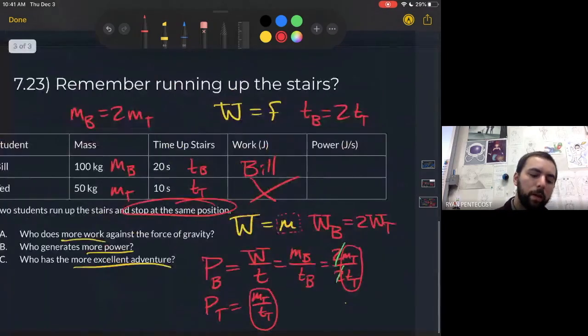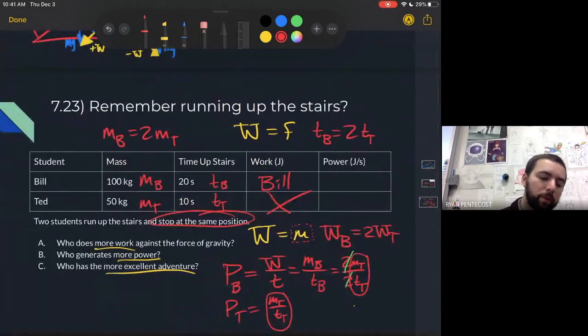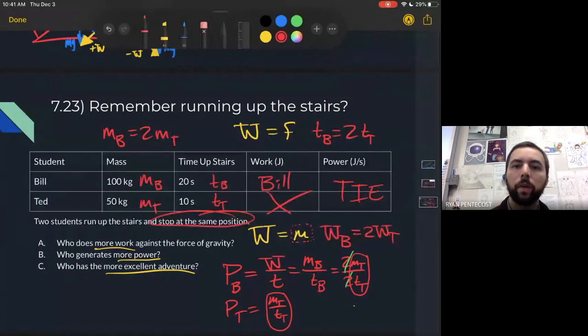Now you can look at it in 2 different ways. We can look at it from Bill's perspective. If Bill did double the work, but it took him twice as long to do it, that diminishes his power.